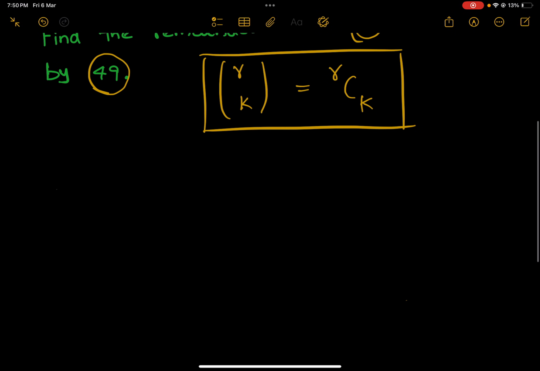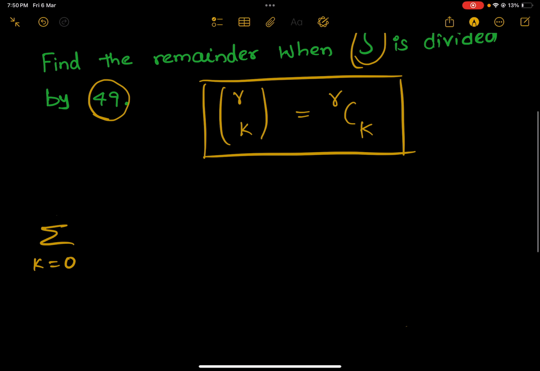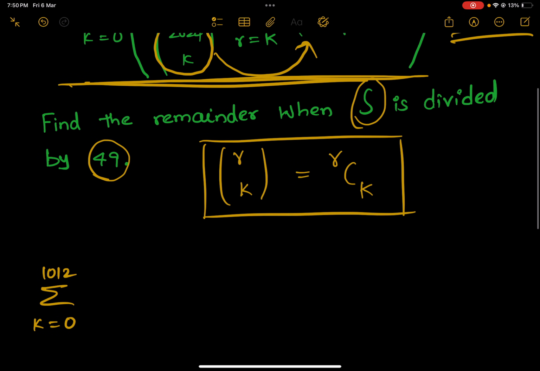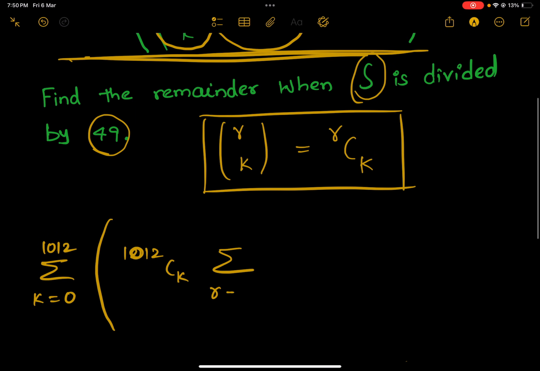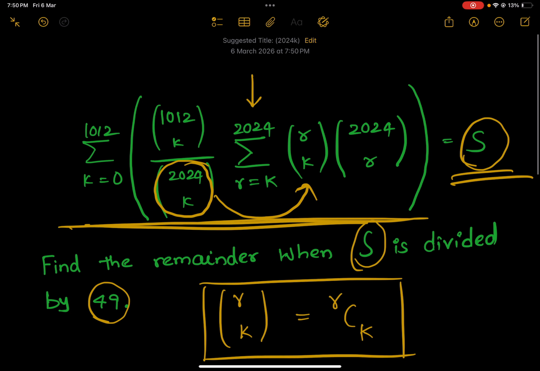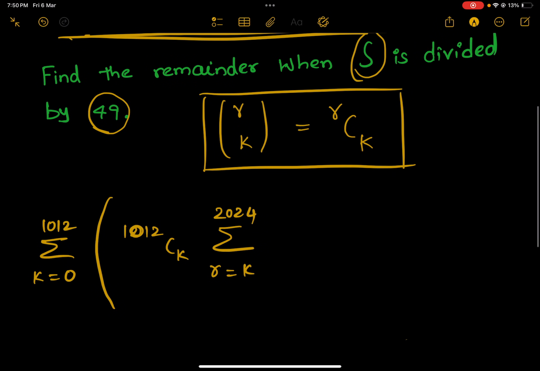Now let us rewrite the question. Sigma k equals 0 to 1012, and inside you have 1012 Ck multiplied by summation r equals k to 2024 of rCk times 2024 Cr divided by 2024 Ck.